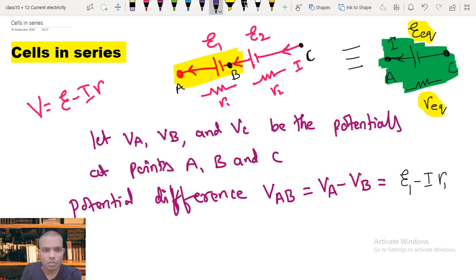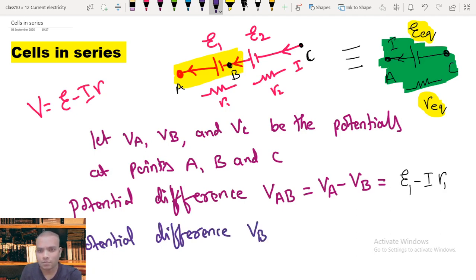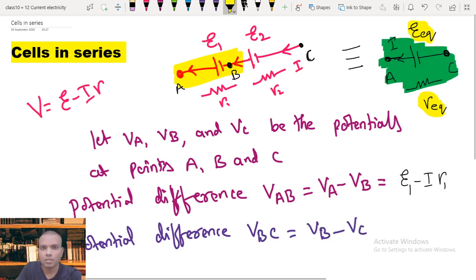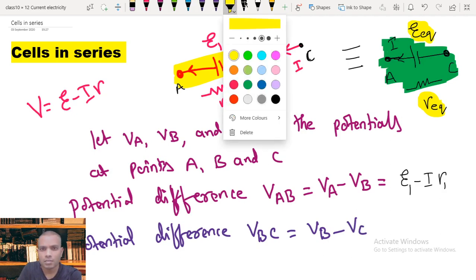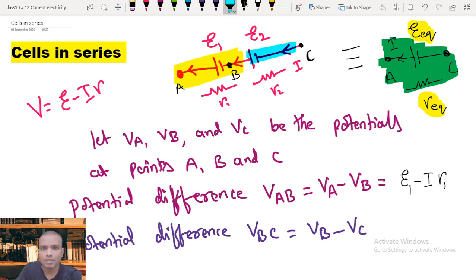Similarly, if I write the potential difference between the points B and C, it equals the potential at B minus the potential at C. In this case I need to take the second cell.